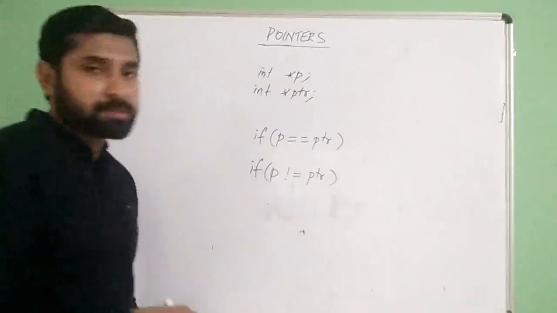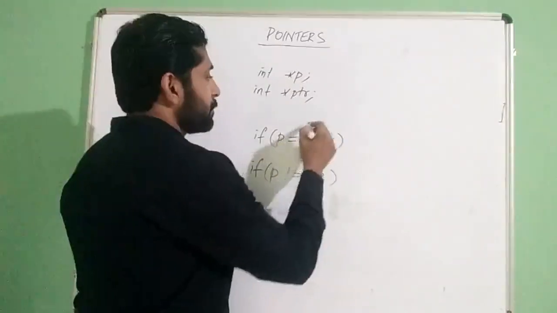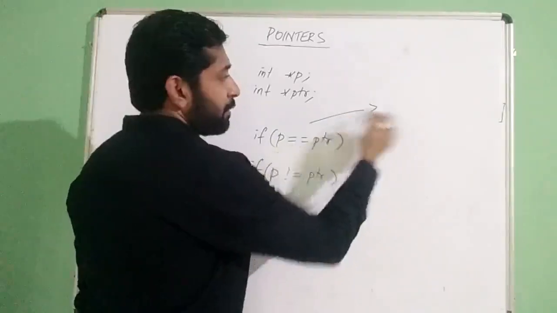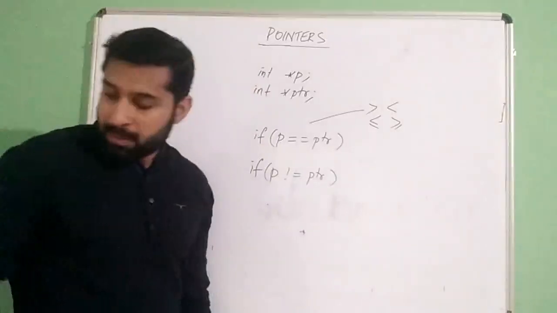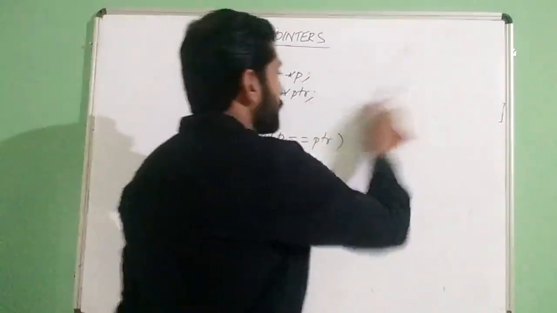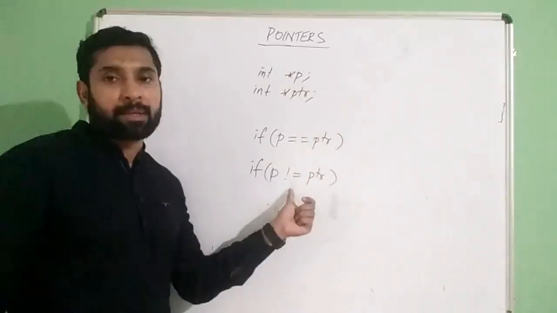We cannot compare if p greater than ptr, less than ptr, less than or equal to ptr, greater than or equal to. These comparisons are not allowed. So we can only check for equality and non-equality.